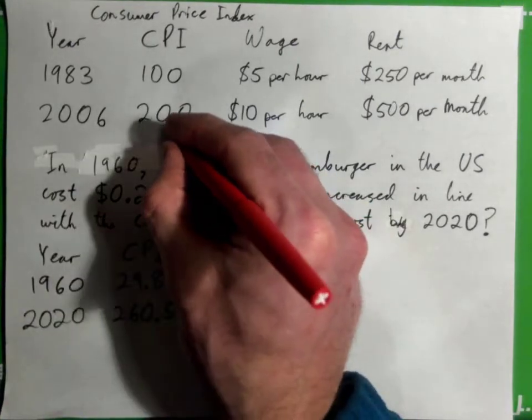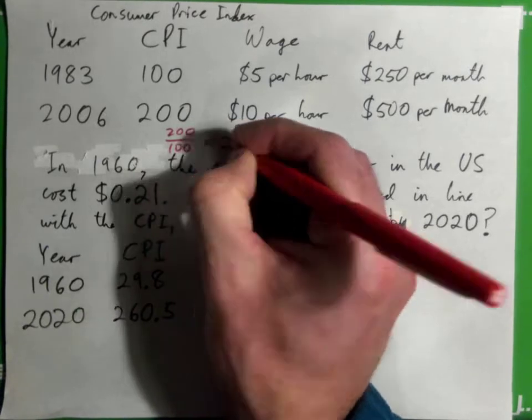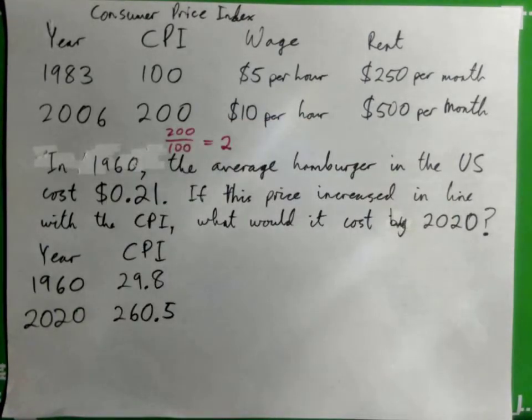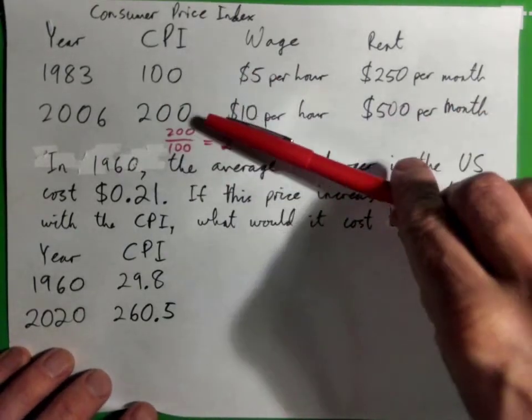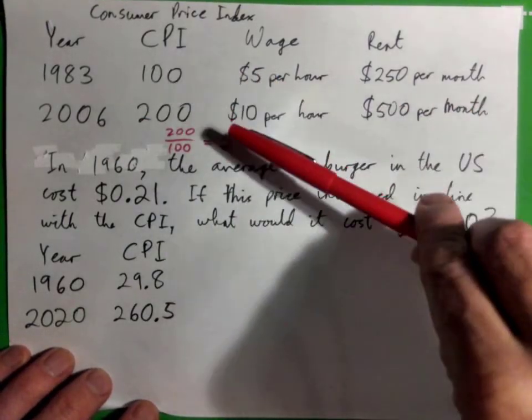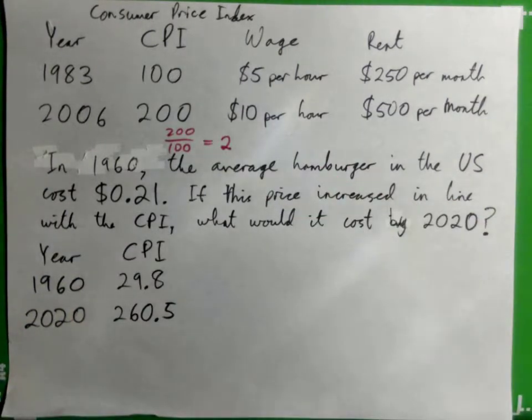Didn't you go 200 over 100 equals the number 2, and that's doubling, right? You see, it increased by a factor of 2. If you take this number and divide by this number, you get 2. Isn't that cool? And that's the factor it increased by. It's as simple as that.